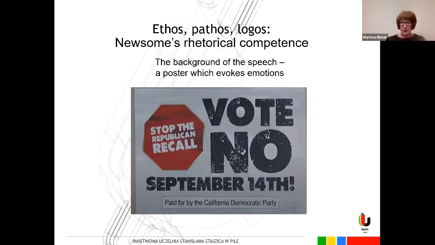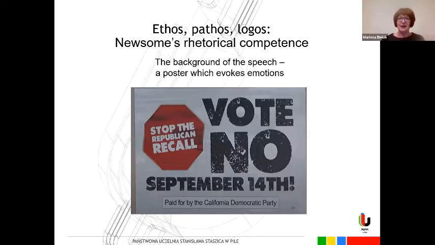The background of the speech is also important. Newsom is giving a speech, and in the background we can see a poster which evokes quite strong emotions. Apart from the slogan, "Vote No" and "Stop the Republican Recall," we can notice the use of capital letters and the exclamation mark next to the date.